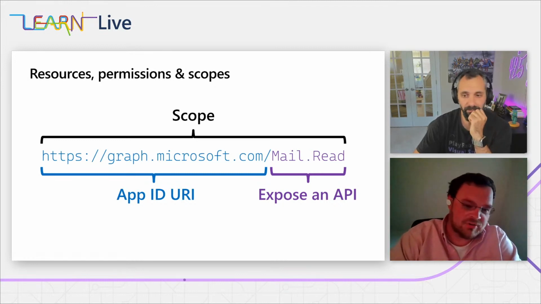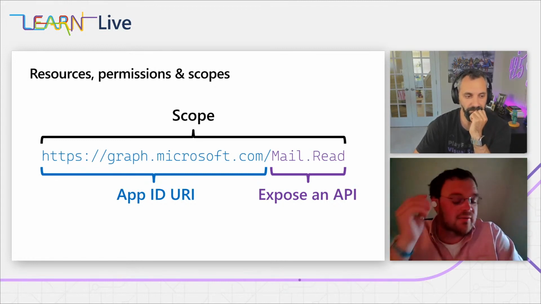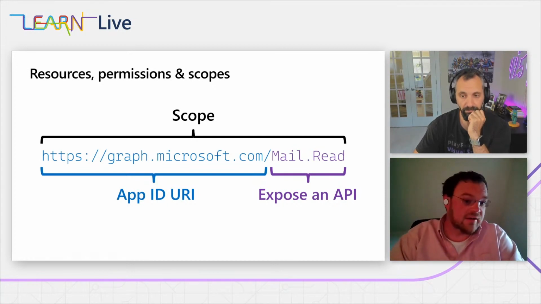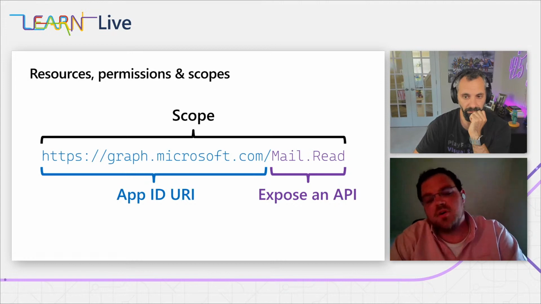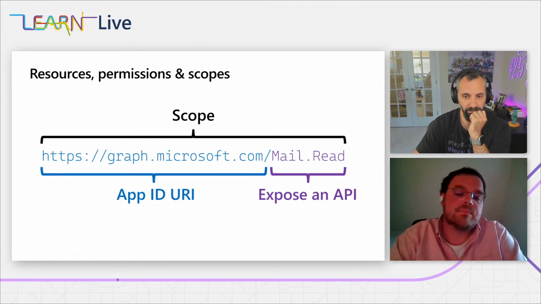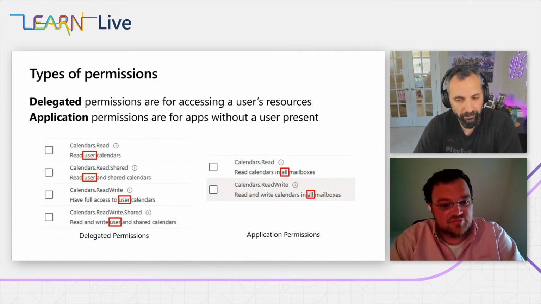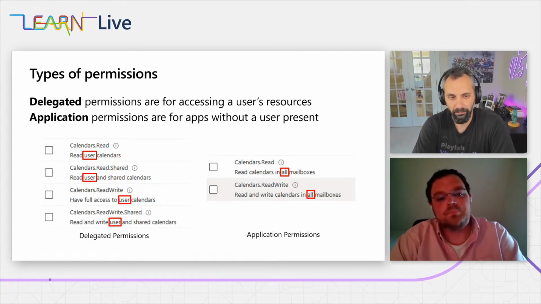It could be completely arbitrary. But it does need to be globally unique, because that's going to be the unique identifier, the unique namespace for all the permissions we're going to expose inside of that. Then we have our actual permission, which in this case is mail.read. And so our fully qualified scope is what gives us this full graph.microsoft.com thing.